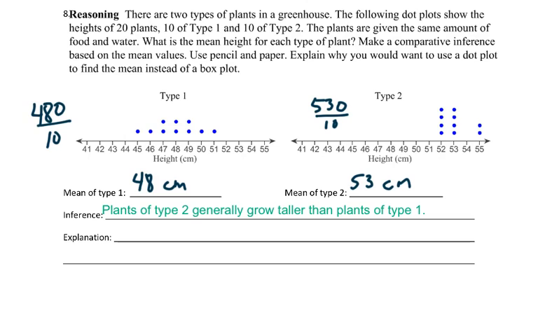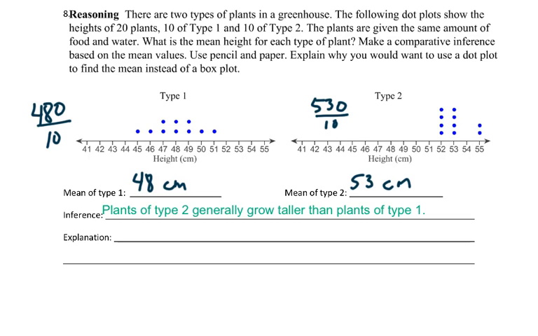Okay. Now, the explanation of why you would want to use a dot plot instead of a box plot to find the mean. Well, if you have a box plot, you cannot find the mean. It's impossible because a box plot only gives those 5 values, the min, Q1, median, Q3, and max.